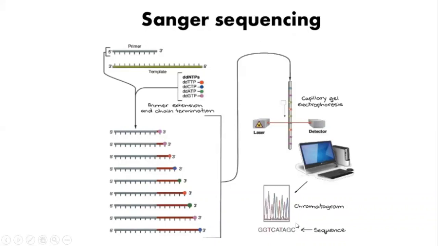Sometimes what may happen is that in one particular position you will be able to see two different peaks, okay, of different colors. So that means there is some ambiguity in the reading, or there is some error. So you cannot definitely say what base it is. But generally with advances in sequencing methods, these errors can also be rectified.